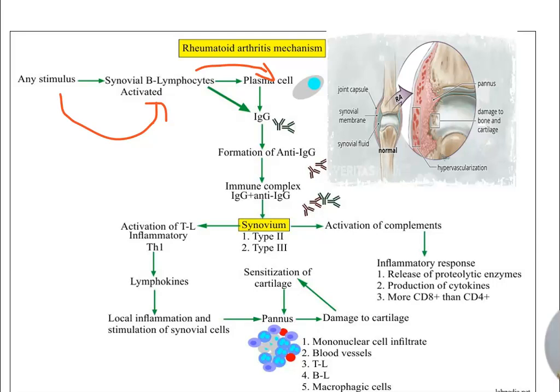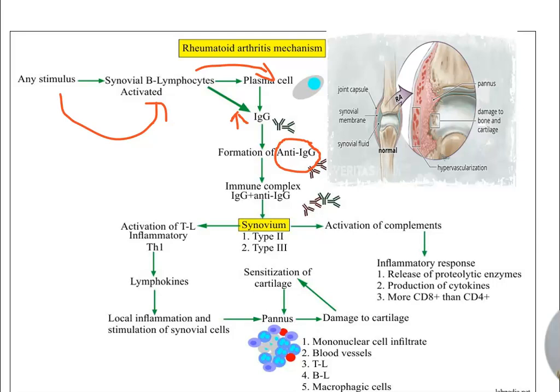Whenever the plasma cells are activated, we'll see increased production of immunoglobulin G, and this production may lead to more formation of anti-immunoglobulins also. These anti-immunoglobulins are considered antigens due to the autoimmunity mechanism, or due to the missignaling of the human leukocyte antigen.